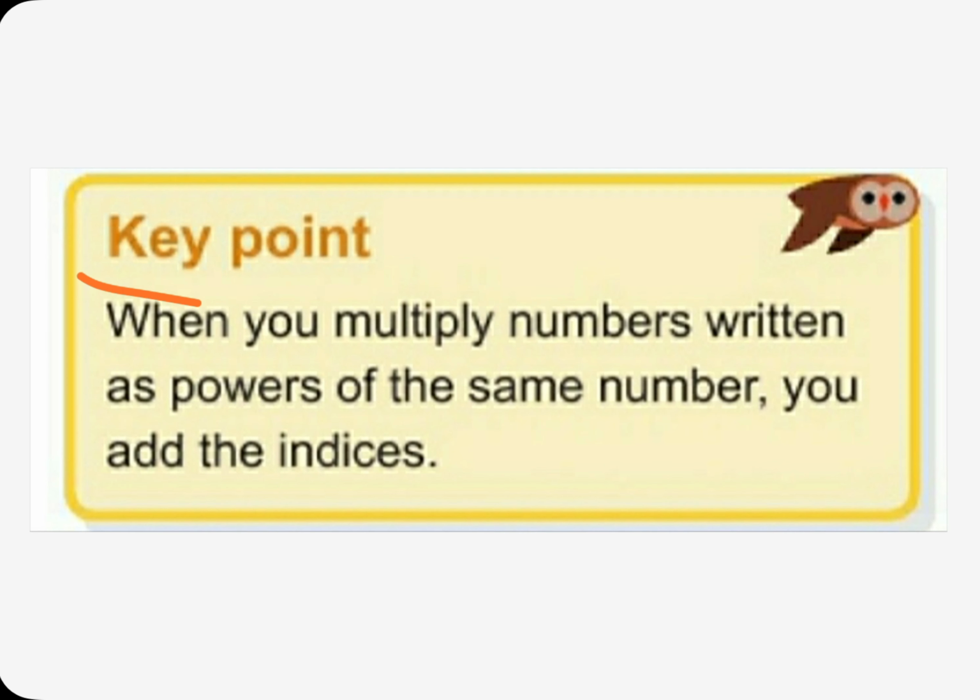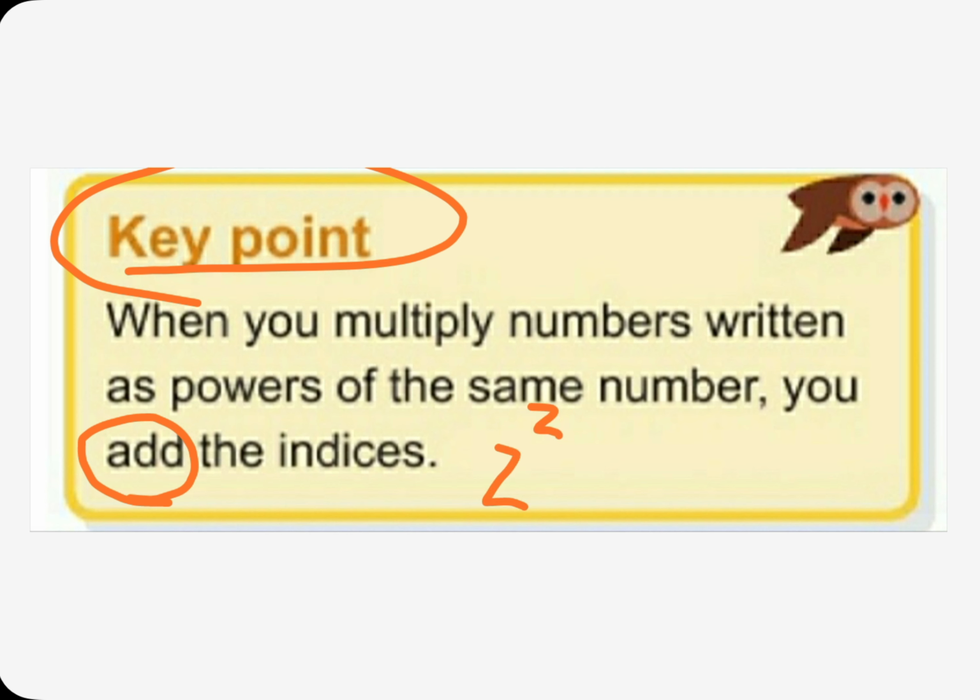Now, this is the rule or the key point of multiplying numbers written as powers of the same number. If you have the same number and you have different powers, what do you do to these indices? Very good, you add them. For example, 2 power of 2 times 2 power of 3 equals what?